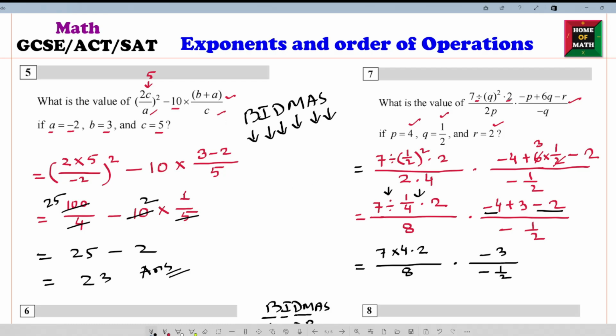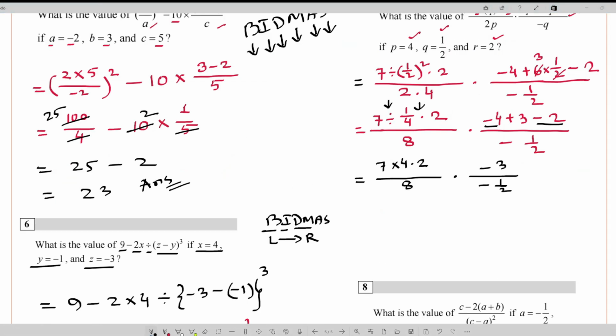Okay, now look, here is 4 times 2, it means 8, and here is 8, we can cancel this one, here is only 7, times.